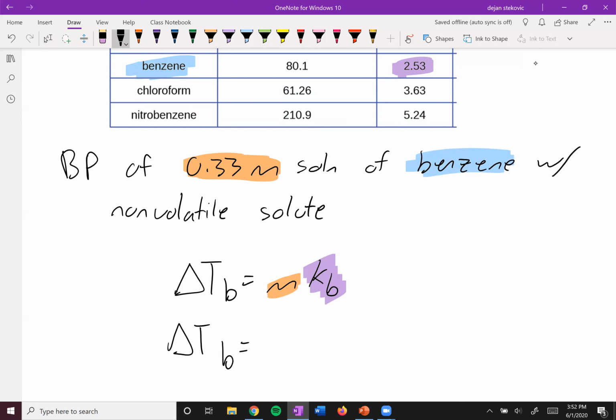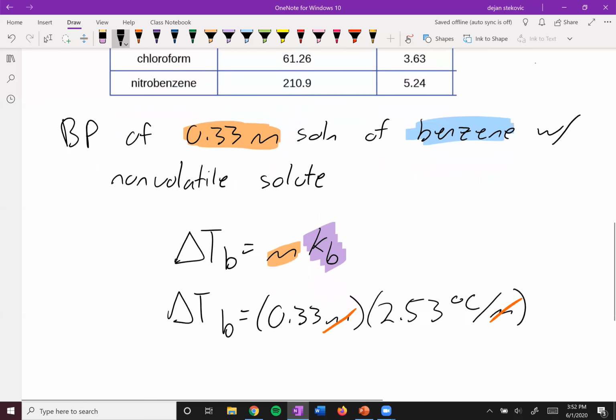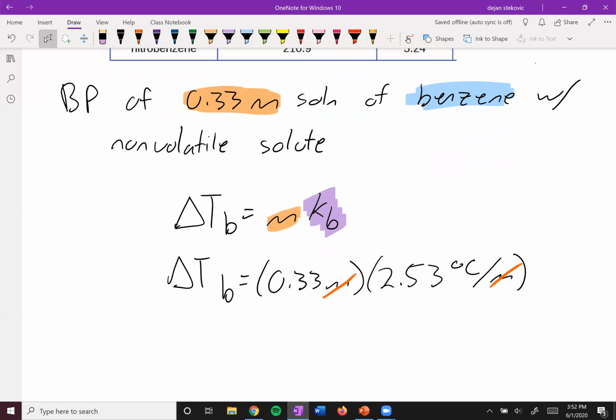So this delta TB is the 0.33 molal times this 2.53 degrees Celsius per molal. You'll see that the molals will cancel out, and so we'll be left with degrees Celsius. And so your delta TB here is 0.835 degrees Celsius.